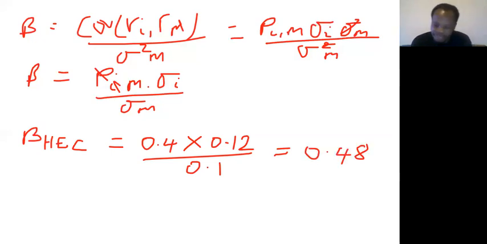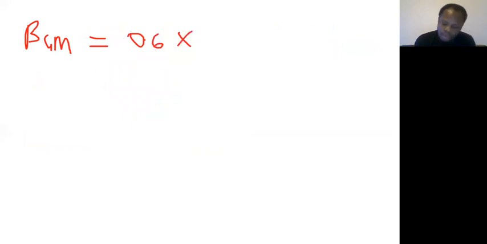Great. So the next one is the beta of GM. We are looking for the beta of GM, the second stock, which is also equal to the correlation, given as 0.6, multiplied by 0.25, all over the volatility of the market, given as 0.1, and that also gives you 1.5.